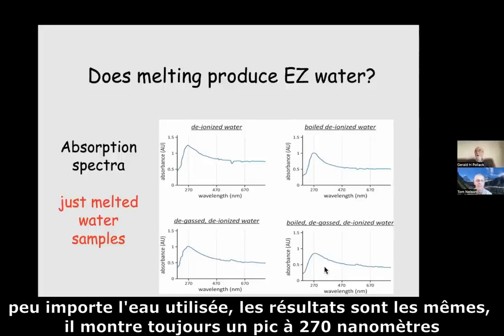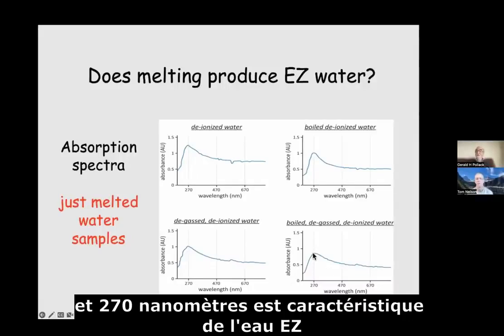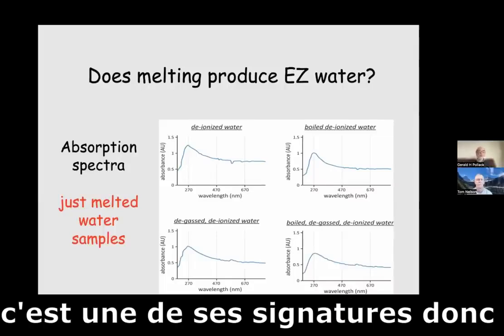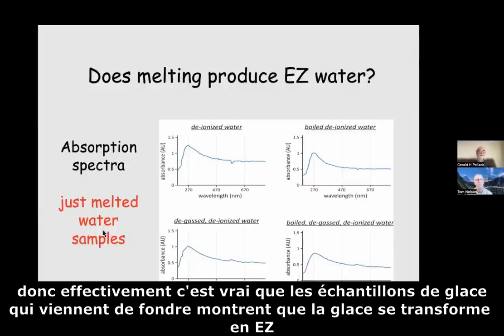It doesn't matter what water you use, the result is the same. It always shows a peak at 270 nanometers. 270 nanometers is characteristic of EZ water. It's the one signature character. So indeed, just melted water samples show that the ice turns into EZ.